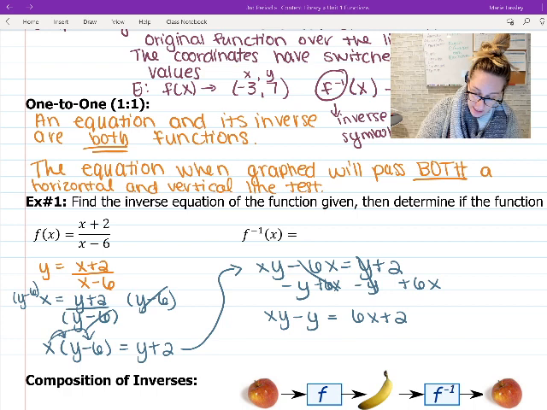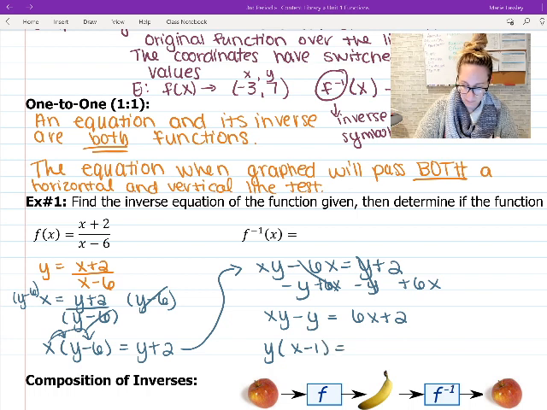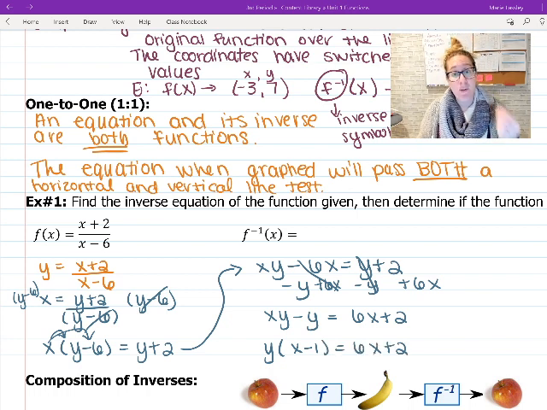So I'm going to GCF out that y, and what I'm left with is x minus 1. Now, remember, I want to get y by itself, so I just divide the stuff that's being multiplied to y away, move it to the other side, and I will have y by itself.